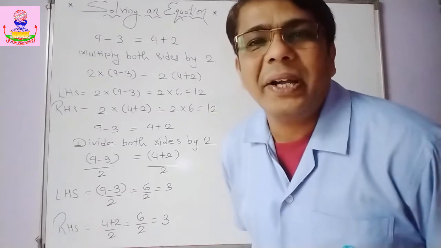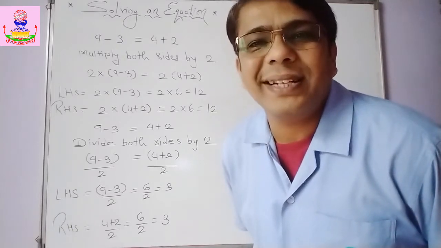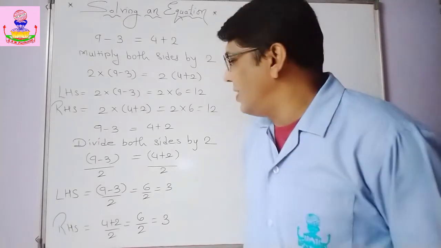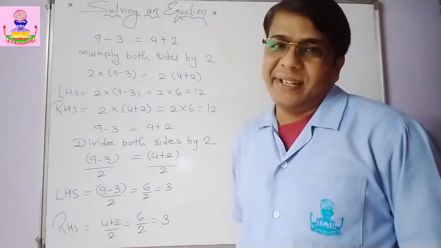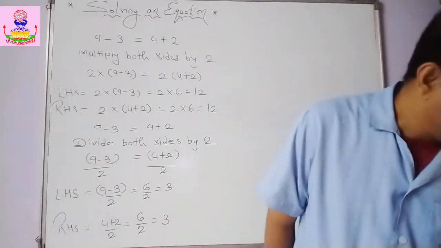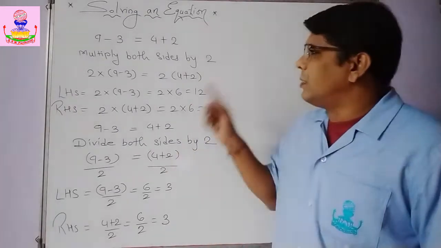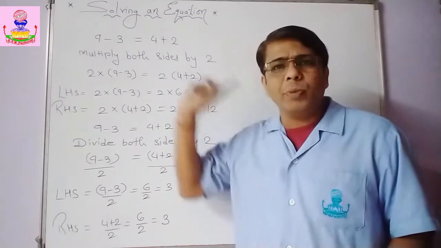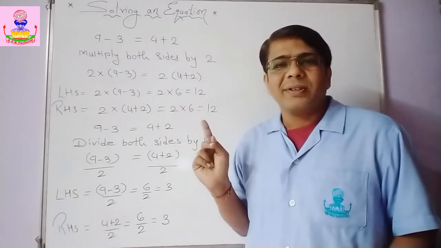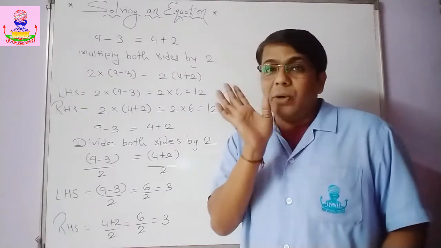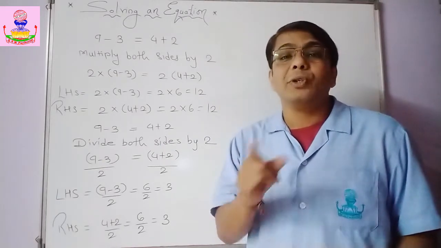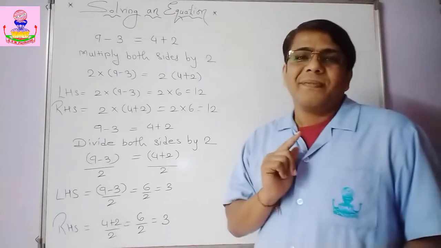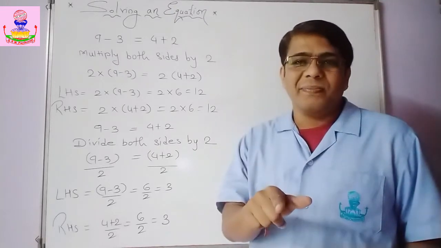When we divide both the sides by the same number, equality holds. Now, what it means? That if I perform the same mathematical operation on both the sides, and no doubt the number has to be the same, then equality will hold.